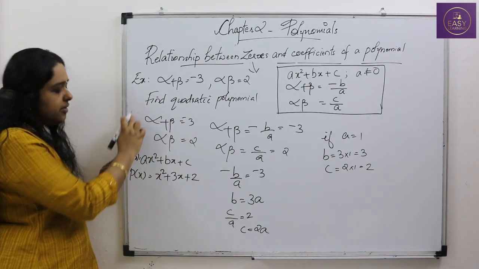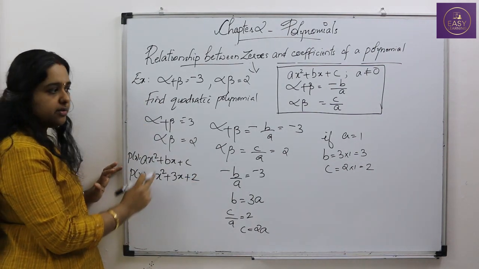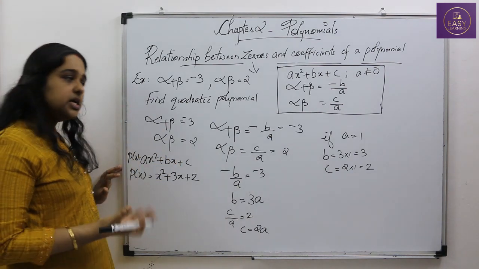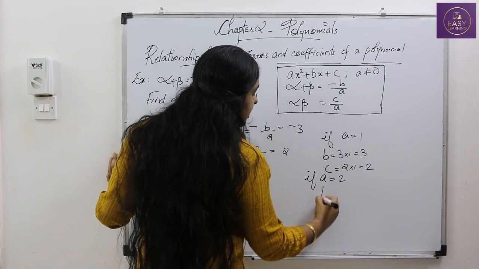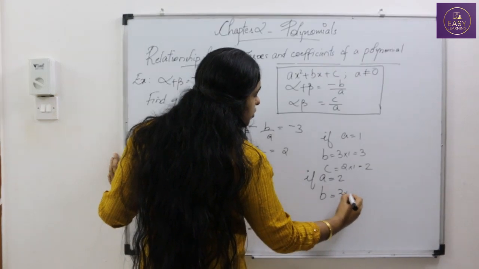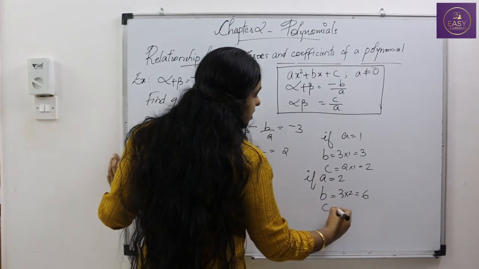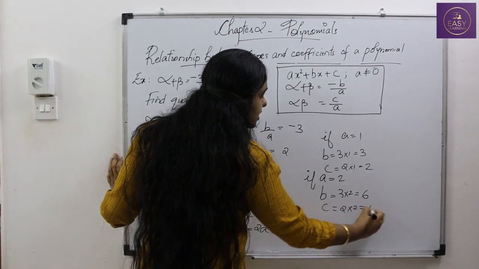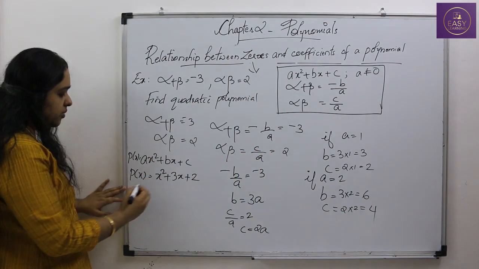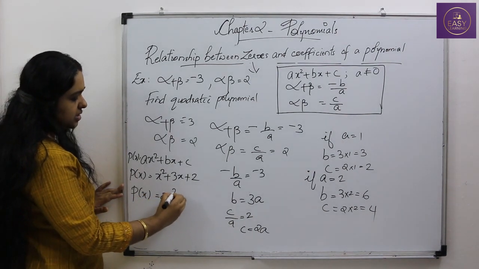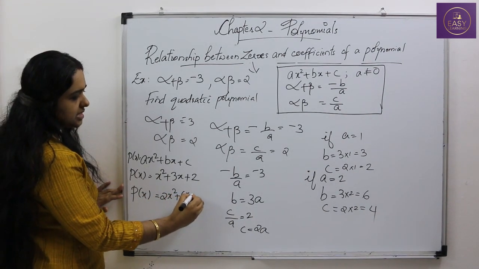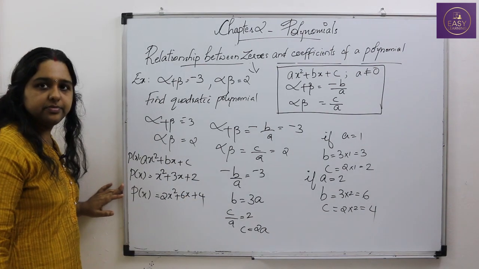This will be our quadratic polynomial. Suppose a equals 2, then b equals 3 into 2 equals 6 and c equals 2 into 2 equals 4. Then our quadratic polynomial becomes P of x equals 2x square plus 6x plus 4.